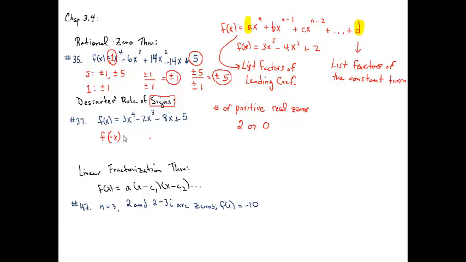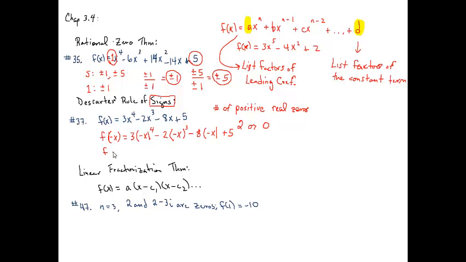I've already seen x, put a negative x, right? So 3 times negative x to the 4th minus 2 times negative x to the 3rd minus 8 times negative x plus 5.